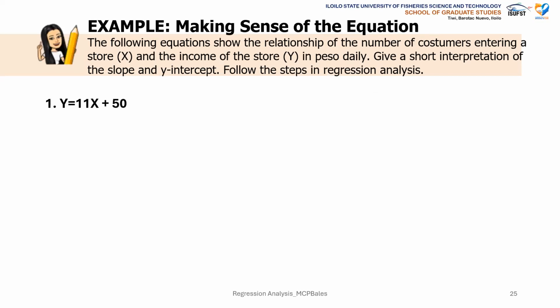Okay, I'll give you an example. Show me or give a short interpretation of this. In this case, x represents the number of customers entering the store. y is the income of the store.